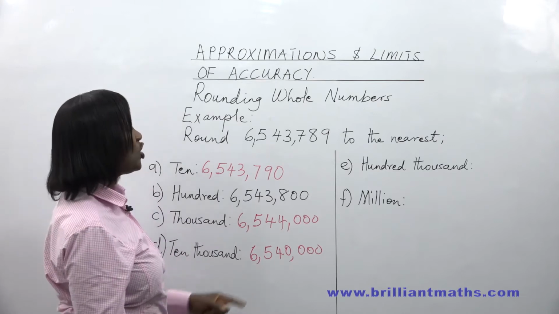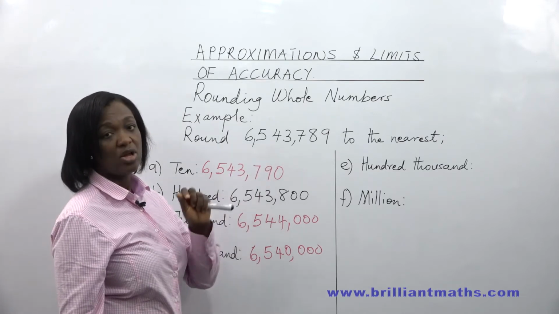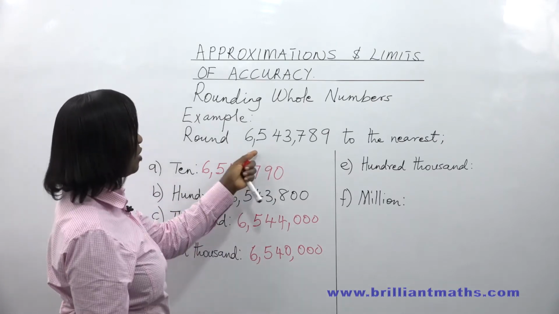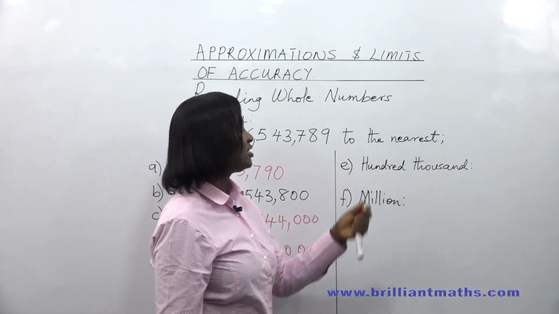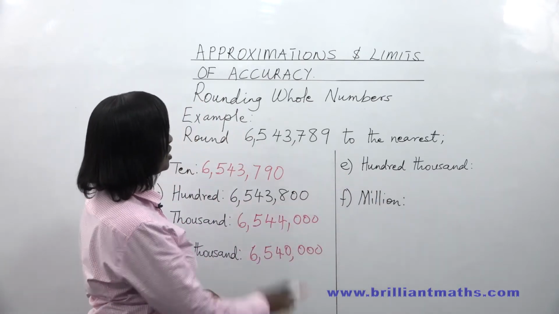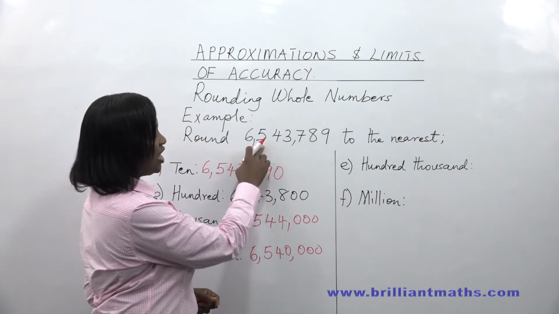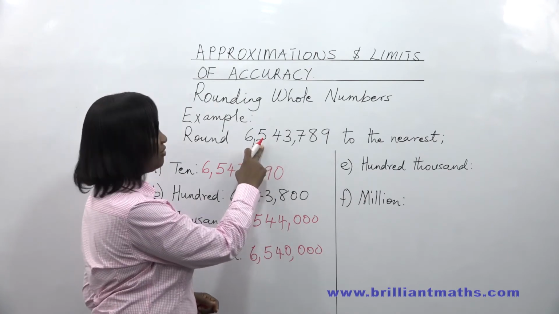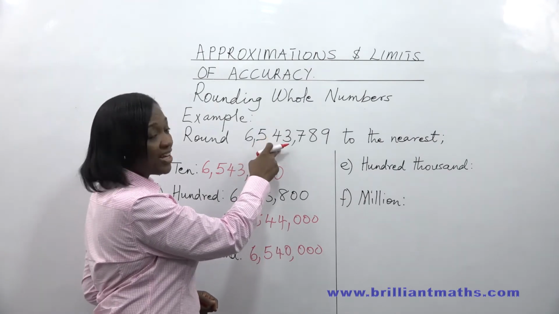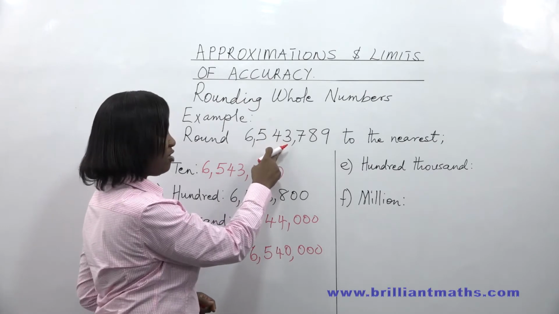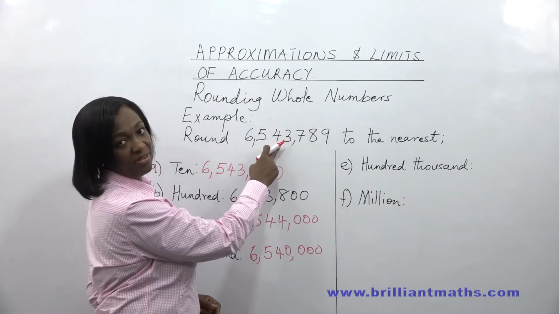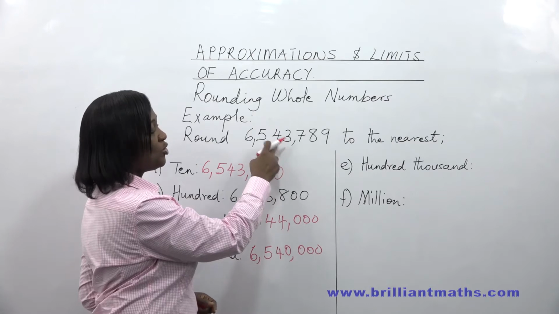Anytime you're rounding, you must come back to the original number. So we go back there to round to the nearest 100,000. The 100,000 digit is 5. But you have to look at the digit before it, which is a 4. And that is less than 5. So we also round down.